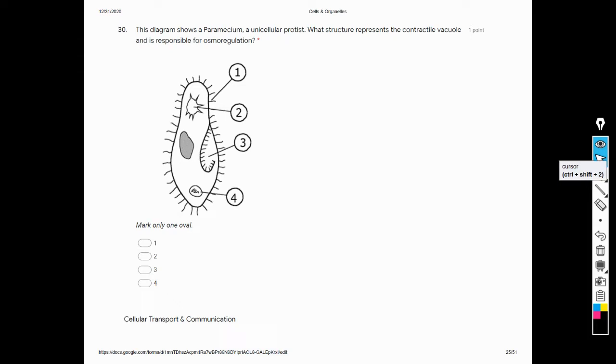Number 30, this diagram shows the same unicellular protist, and then it's asking which structure represents the contractile vacuole and is responsible for osmoregulation. So we looked at vacuoles in plants, and we focused on that large central vacuole. And the large central vacuole in plants stores water. In paramecium, they have this structure represented by 2 here, known as a contractile vacuole.